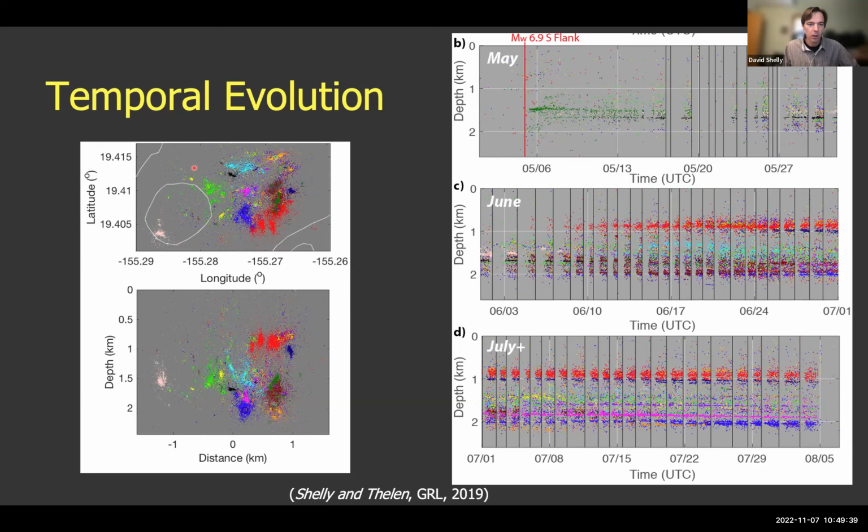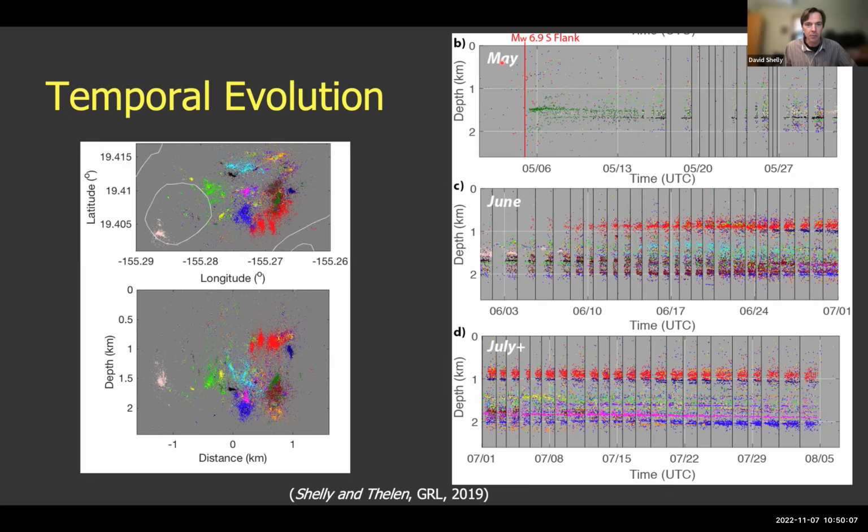But basically, you can think of these as groups of earthquakes that have similar focal mechanisms. In this case, it's just useful for getting an idea of the different zones of seismicity. I probably don't have to worry too much about the details, but the colors on this left map and cross section are the same as the colors on the right-hand plots.